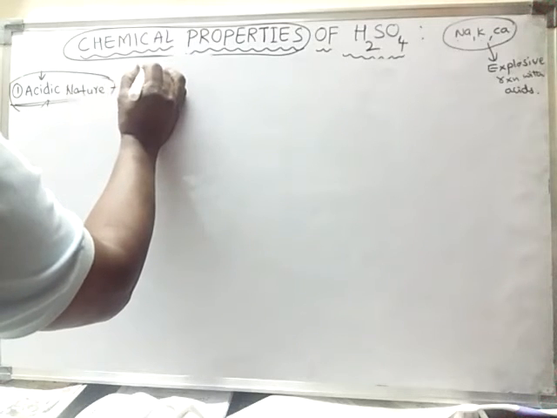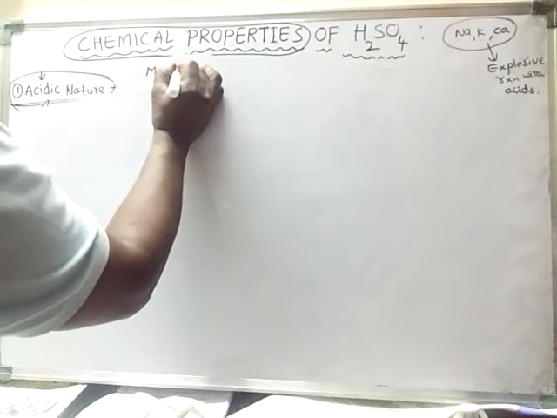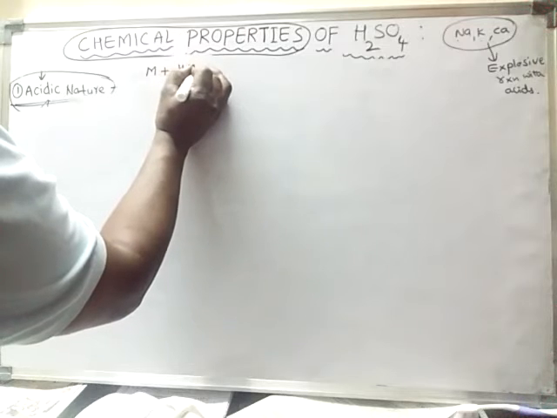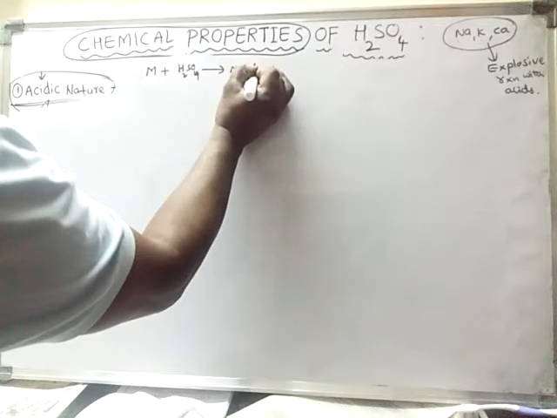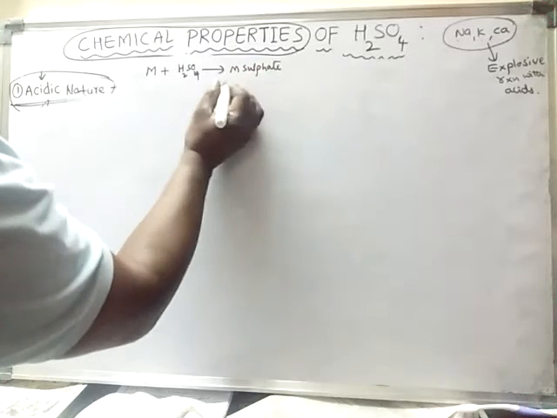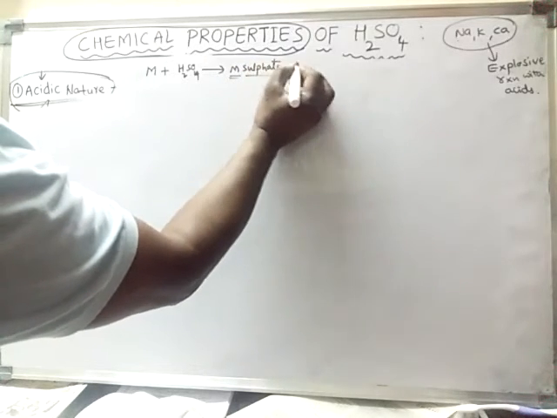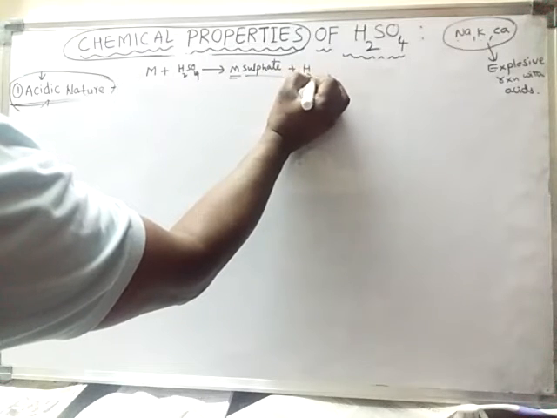With active metal, dilute sulfuric acid produces metal sulfate plus hydrogen gas is liberated.